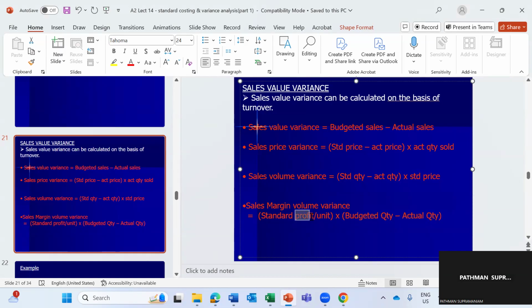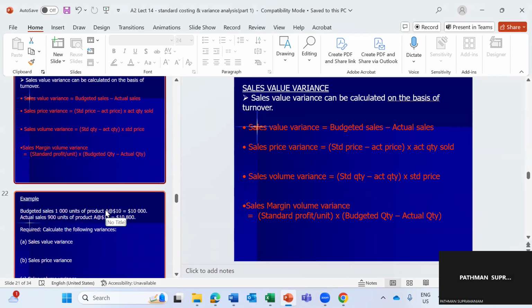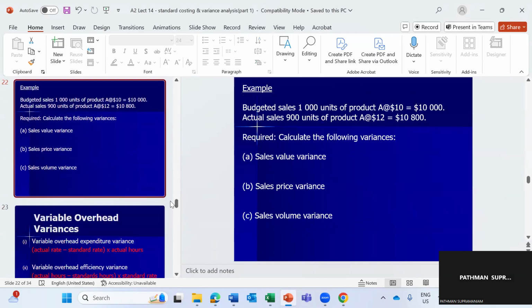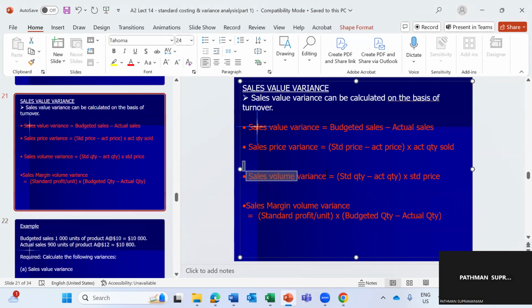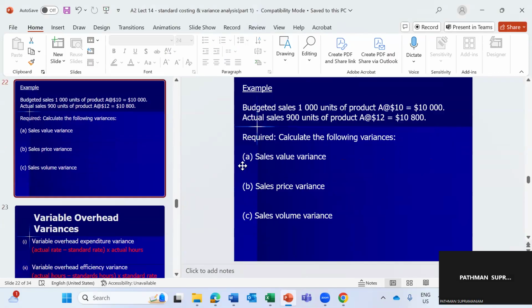To get standard profit per unit, it's standard selling price minus total standard cost, which I will demonstrate in a question later. The volume formula I'm showing you now is for the sales volume variance, not the margin one.